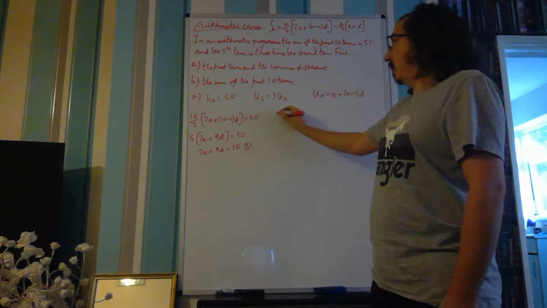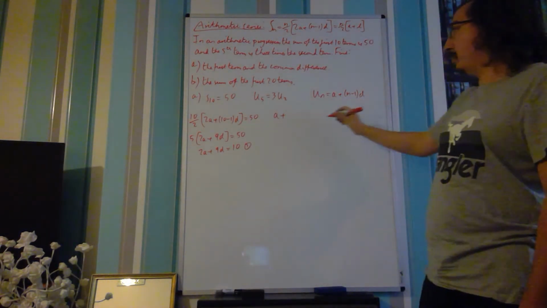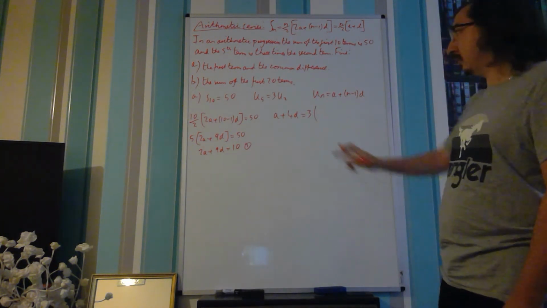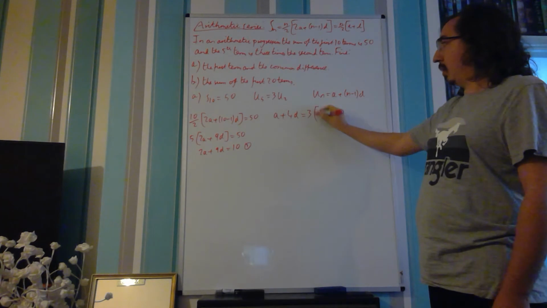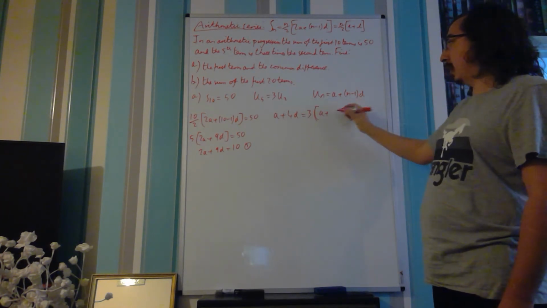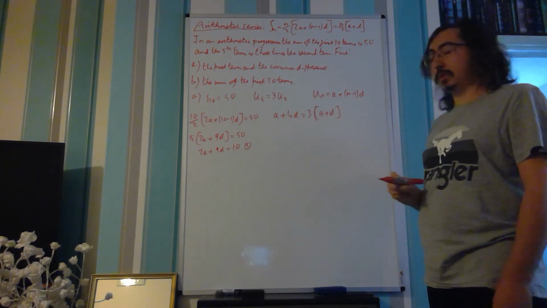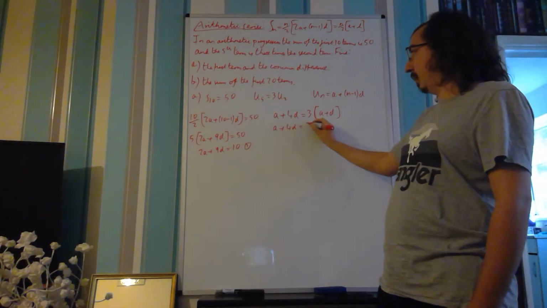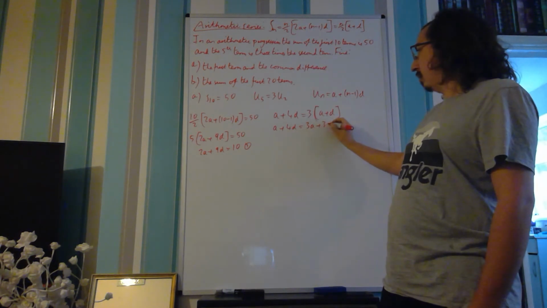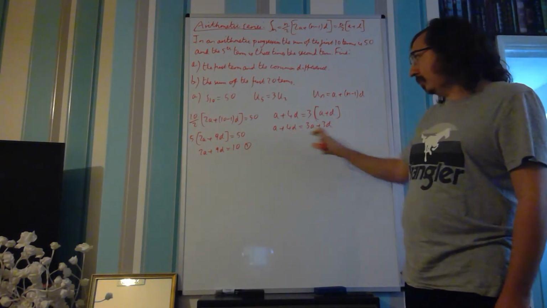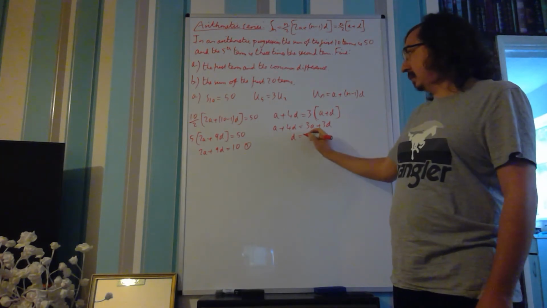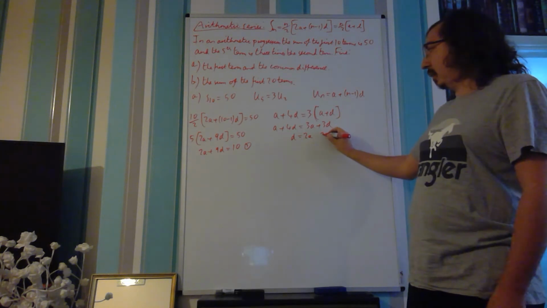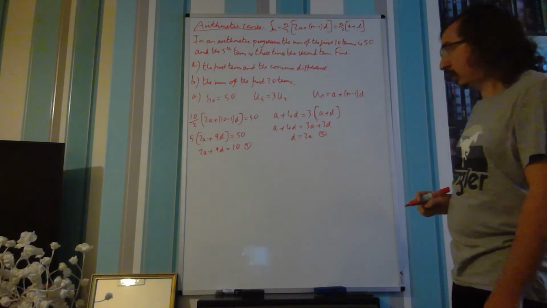For u5 we have a plus 5 minus 1, which is 4d, is equal to 3 times u2, which is a plus 2 minus 1, which is 1, so a plus d. So a plus 4d is equal to, if we expand, 3a plus 3d. A little bit of rearrangement says that d is equal to 2a. And that is going to be equation 2.